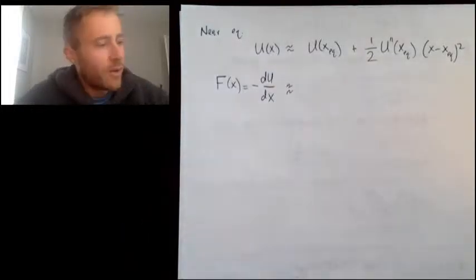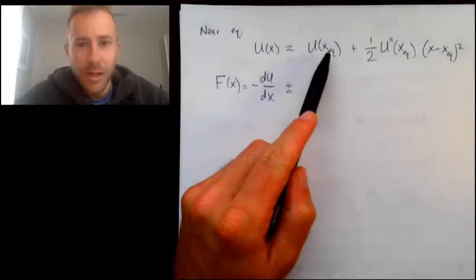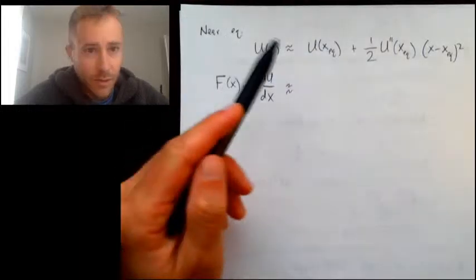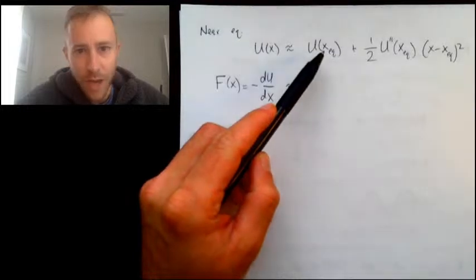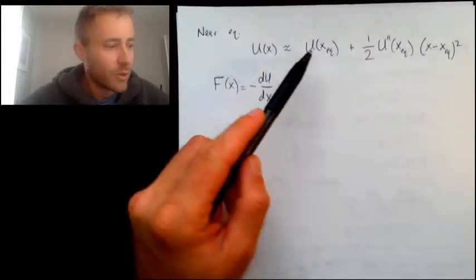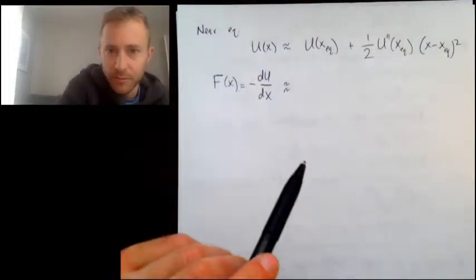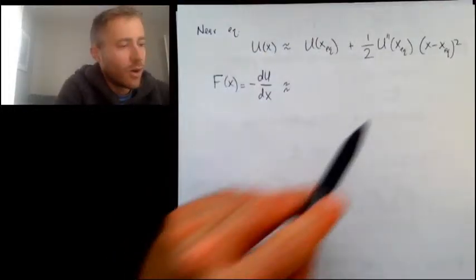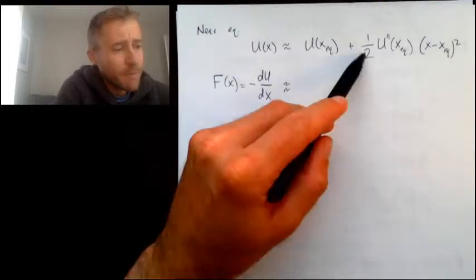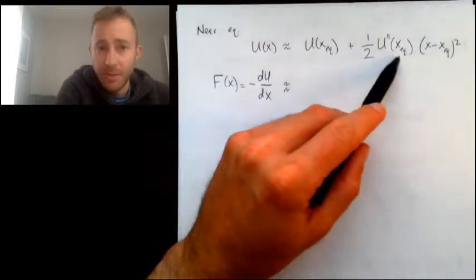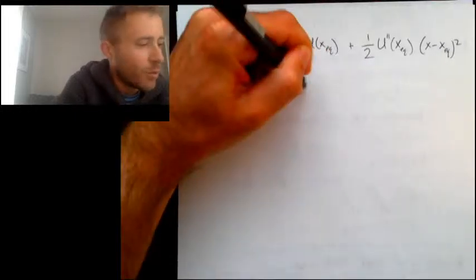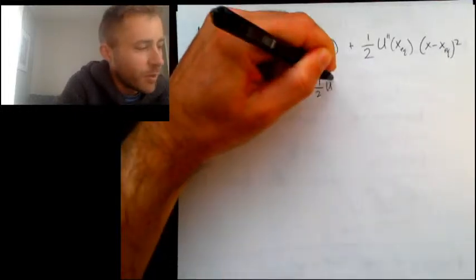Now, the potential evaluated at equilibrium is just a constant, because I'm plugging in a specific value for x. So this term has no derivative. All I have to do is take the derivative of this second piece. 1/2 u prime prime evaluated at equilibrium is just going to be 1/2 u prime prime.